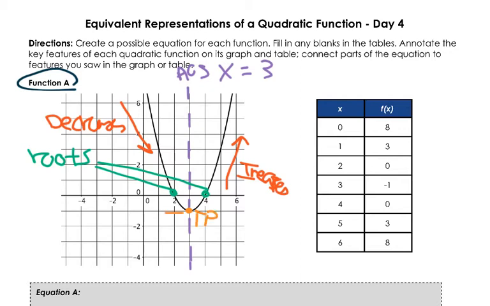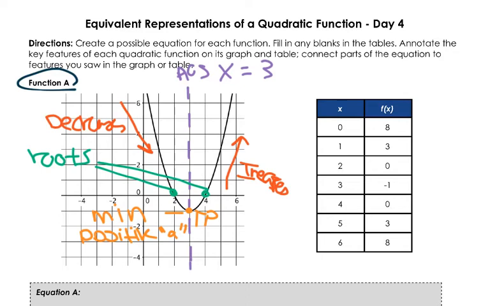Okay, and then it has a minimum value. So therefore, it has a positive A. So when we're annotating graph, these are things that we'll be pulling out.